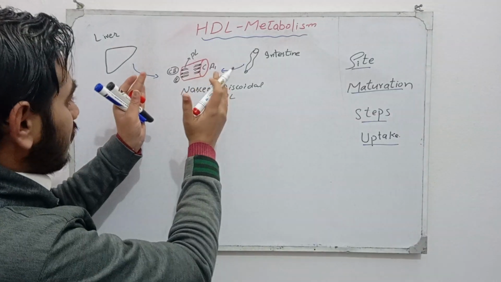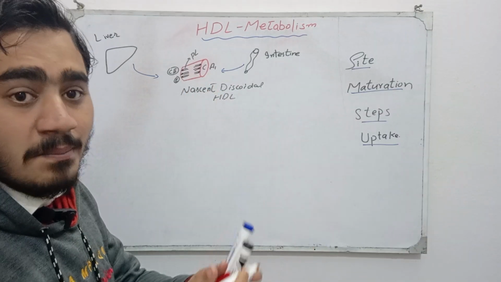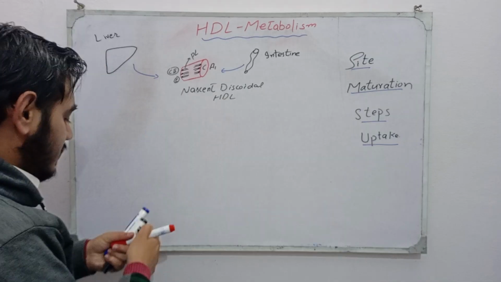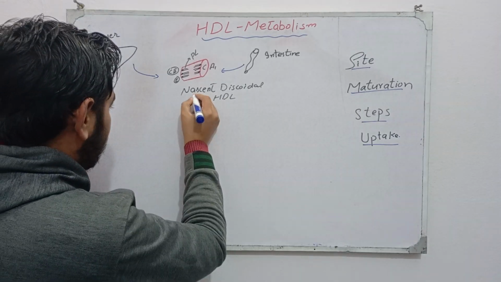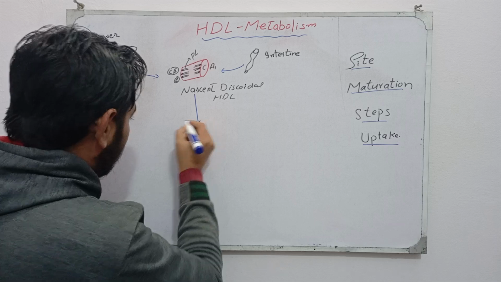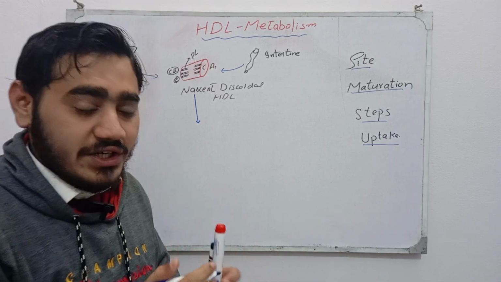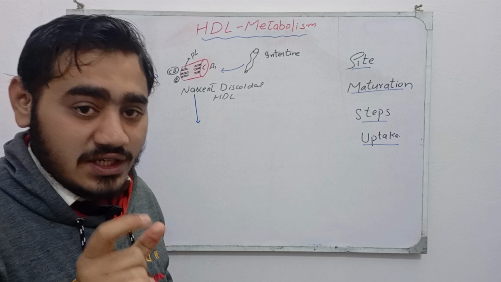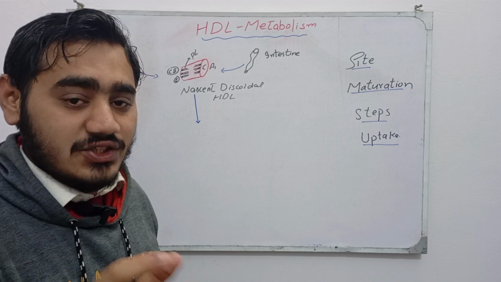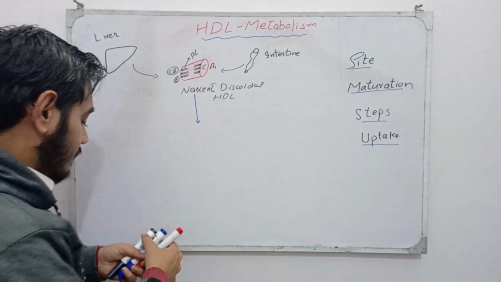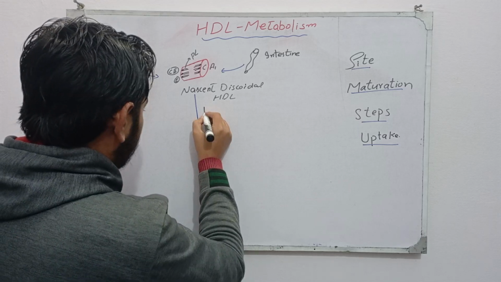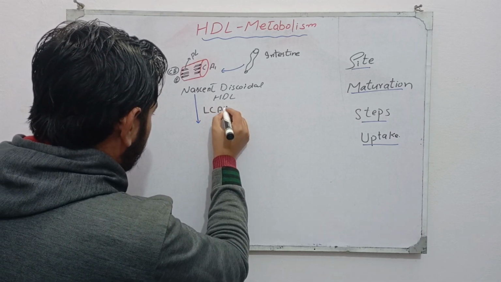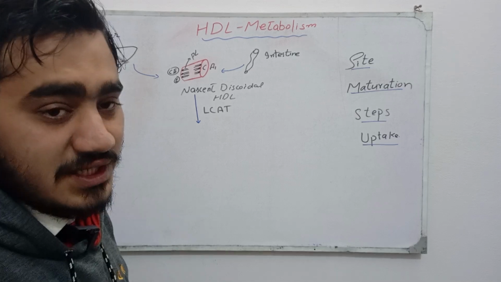Later on, this nascent discoidal HDL gets secreted in the plasma, where it gets attached with the lecithin cholesterol acyltransferase enzyme.